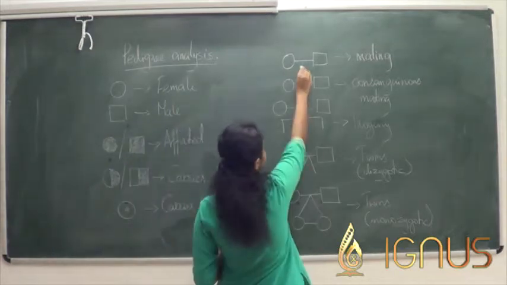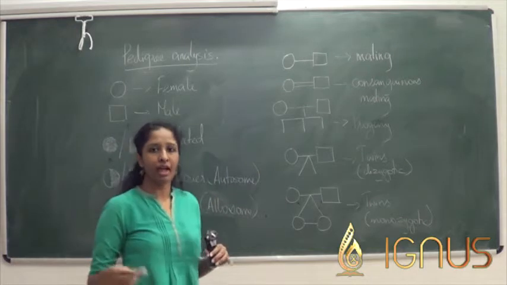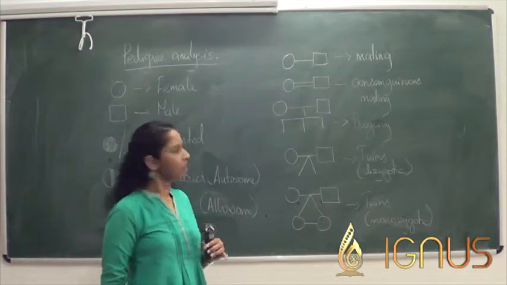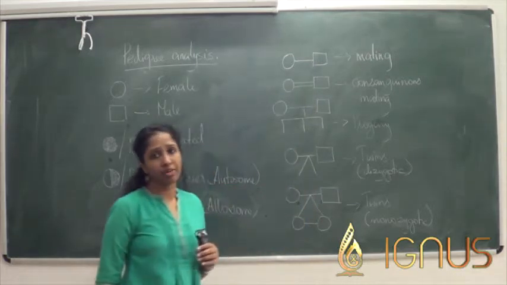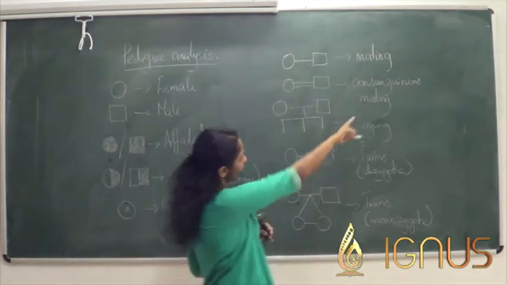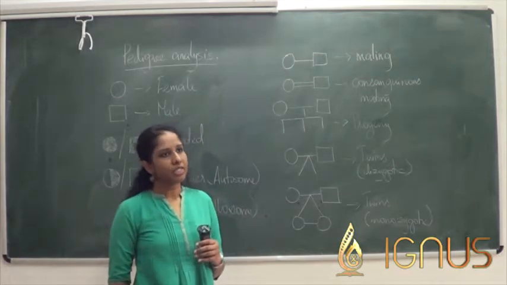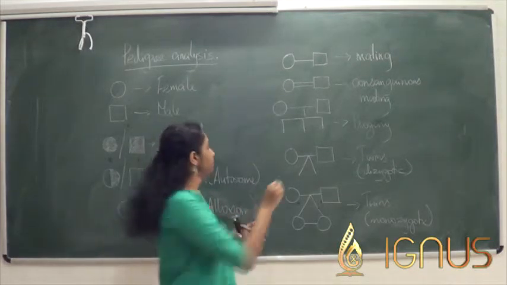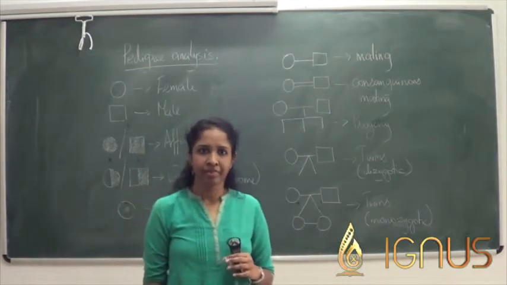Moving on, if there is a straight line being drawn between a female and a male, that represents mating. Okay, if there are two lines being drawn between a female and a male, that represents consanguineous mating. Consanguineous mating means that the female and the male are closely related.